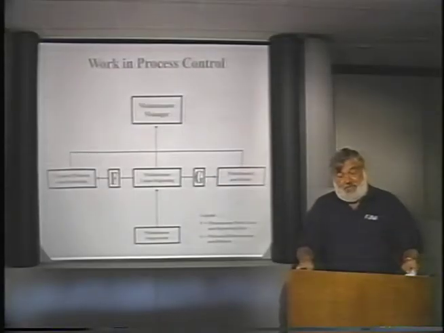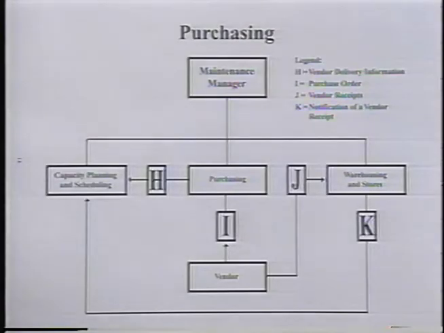Now the next activity is purchasing. And here again, the purchasing function is supported by vendor and by purchase orders, which is legend number I. H is the data that is coming out of the purchasing function by following up on maintenance work orders that are planned and where a purchase order has been issued to support a planned item.